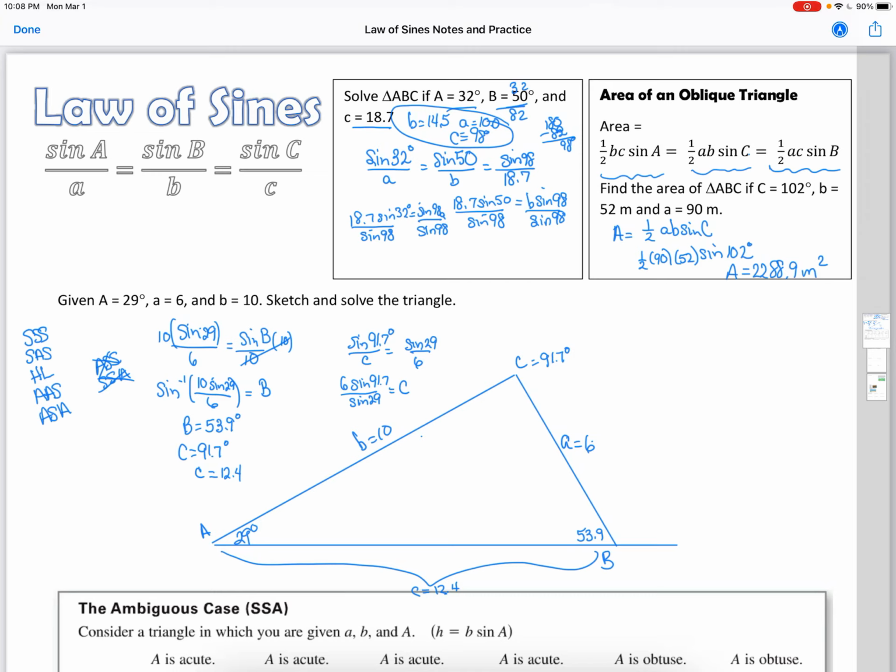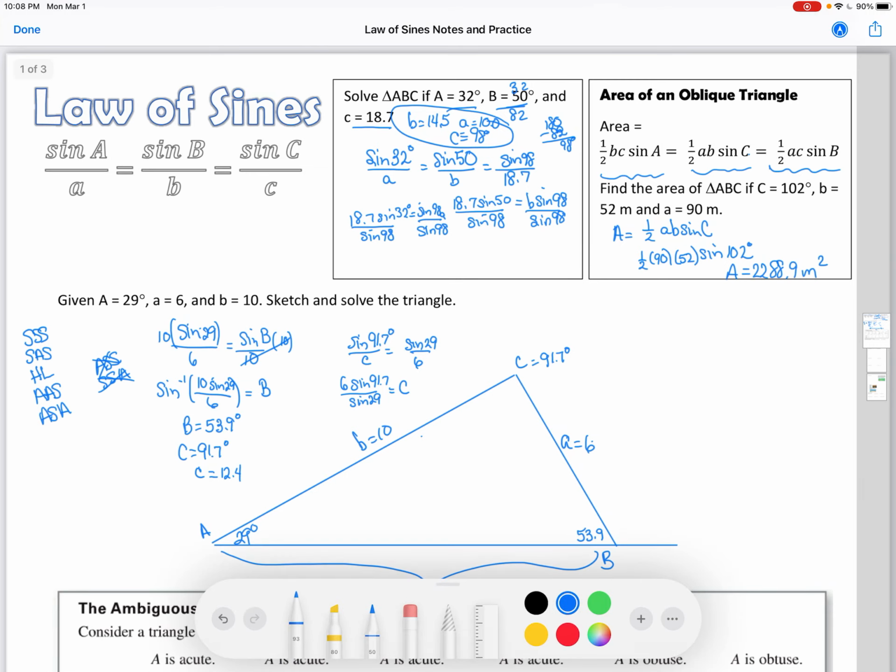And the reason for that is because if we get our handy dandy ruler out here again, there's another triangle here that has 6 for its side. 1, 2, 3, 4, 5, 6.